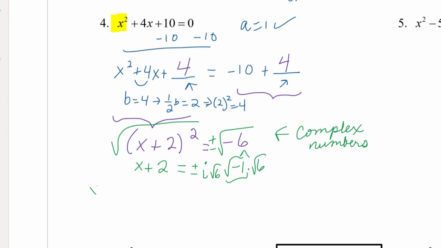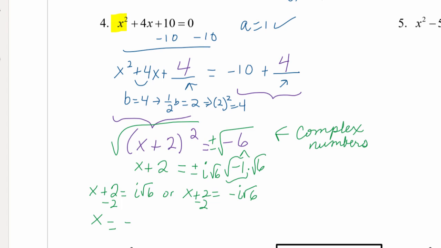Okay, so that means we have two equations to solve. We have x plus 2 equals positive i square root of 6, or x plus 2 equals negative i square root of 6.